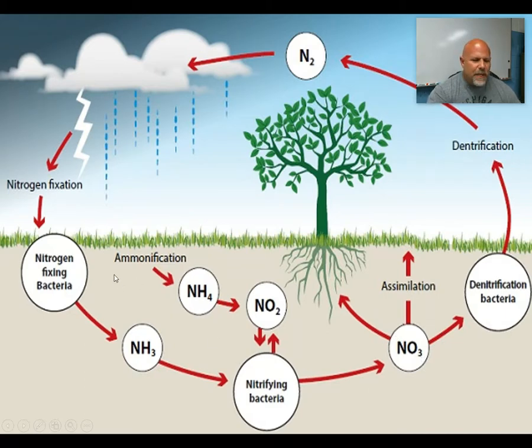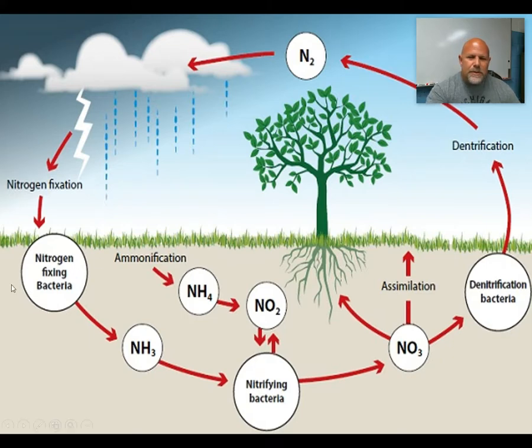And then the last way nitrogen gets into the soil is ammonification. This is where we get animal feces or dying and decaying plant matter, or even artificial fertilizers that we throw on the ground.